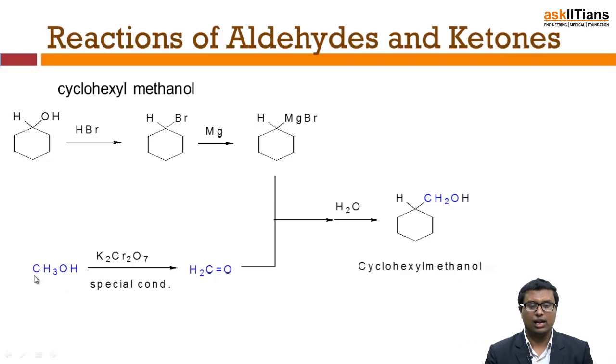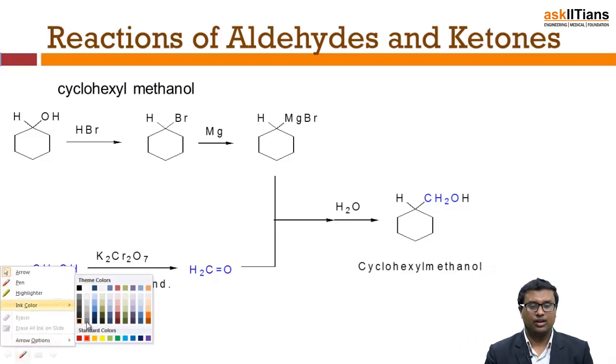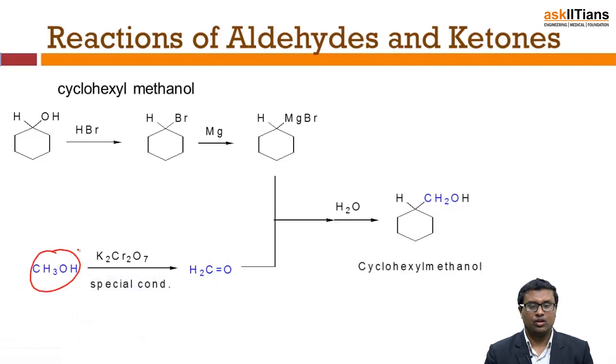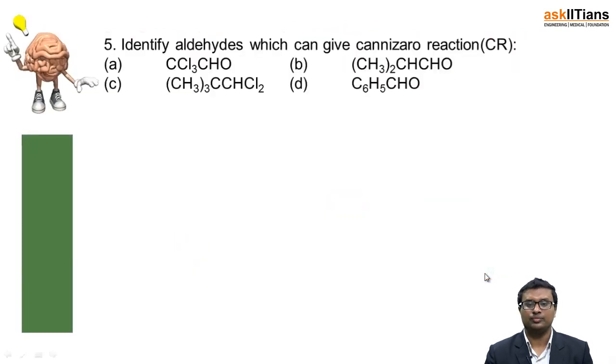Here also, you have a methyl alcohol, then oxidize it using K2Cr2O7. You will get an aldehyde, then add Grignard reagent, then hydrolyze it, then you will get cyclohexyl methanol.